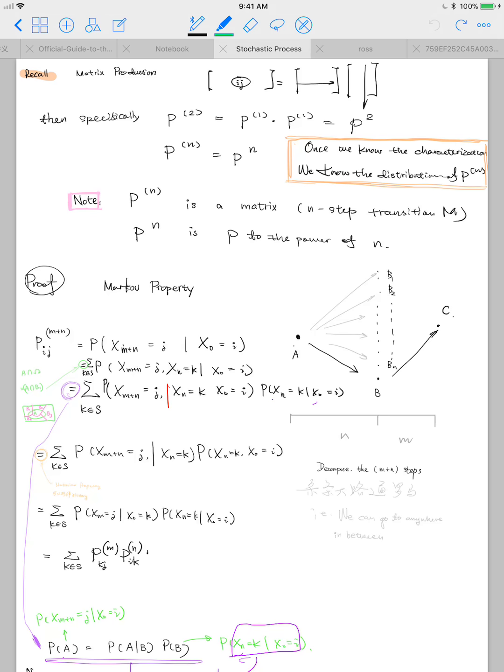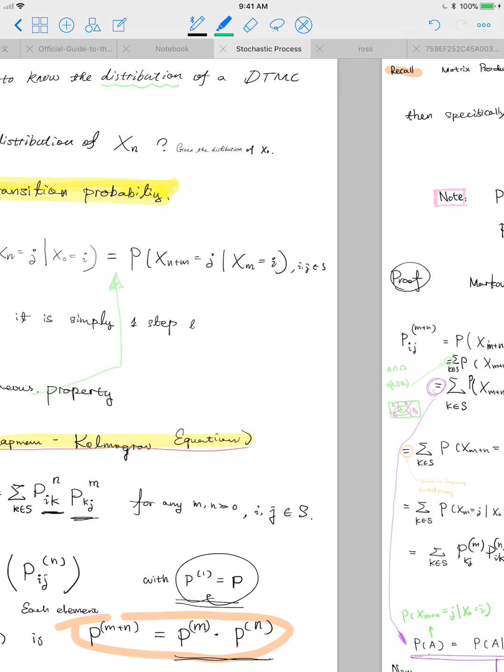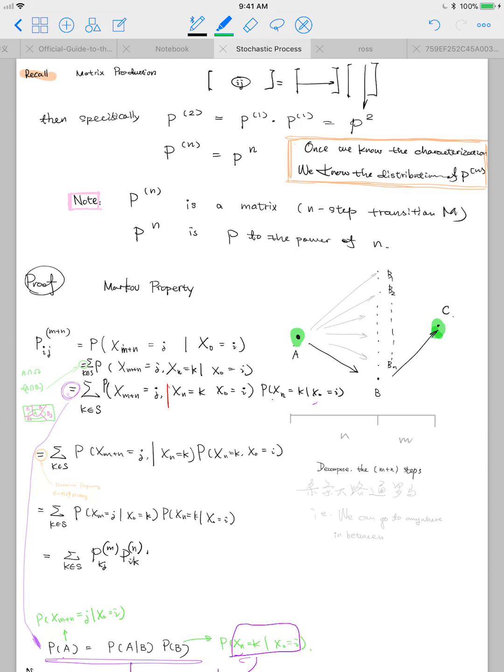For example, how can one get from A to C? The CK equation says, let's decompose it. We first go to an intermediate state B, and you have an infinite number of choices of B. You can go to B1, B2, up to Bn.